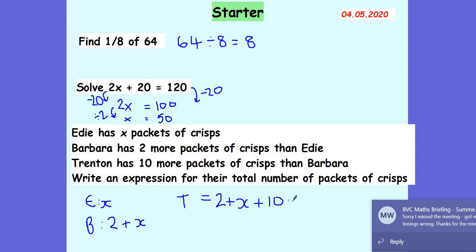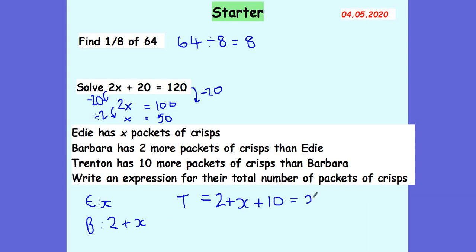So altogether, Trenton has got x plus 12 packets of crisps. So the total number of packets of crisps for all of them, E plus B plus T, is going to be 1, 2, 3 lots of x plus 14. 12 from Trenton and 2 from Barbara.